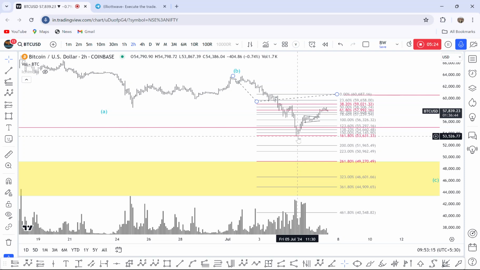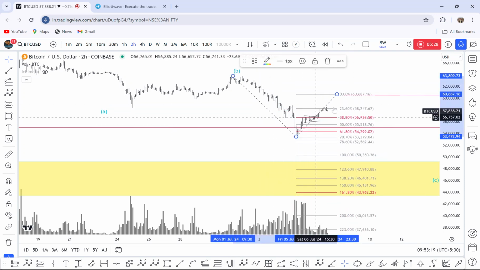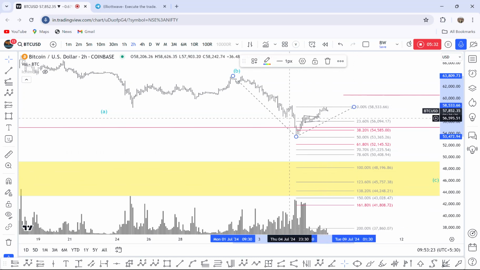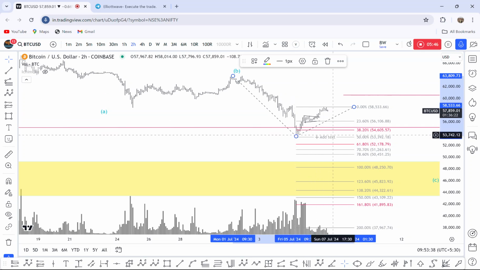Second wave is complete here at 53, and the third wave is normal, as we can see, only 161.8 percent. As per the Elliott wave rules, one of the three waves is extended.